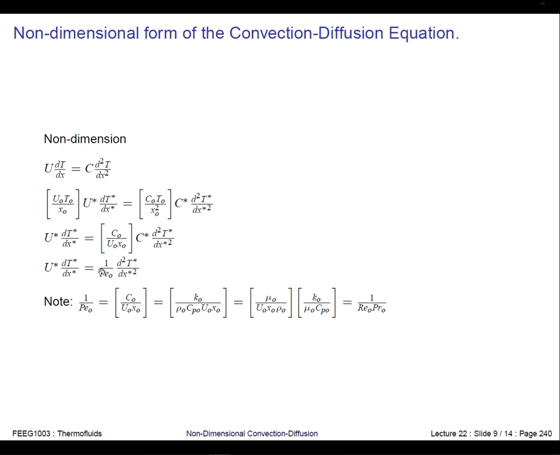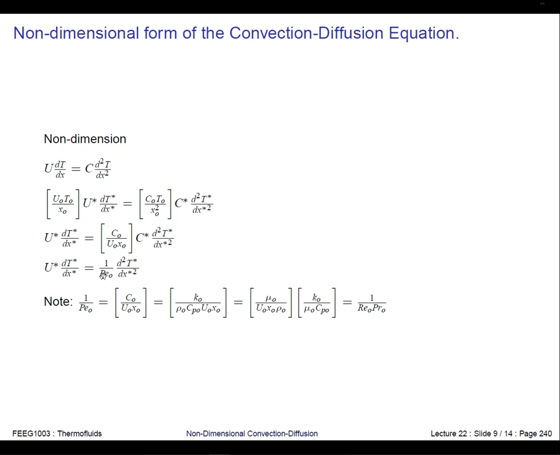So if the Peclet number is really, really big, much, much bigger than 1, it means effectively that this term on the right hand side is much, much smaller than this term on the left hand side. And this term on the left hand side we know is about 1, and we know that this dashed term on the right hand side is also about 1.